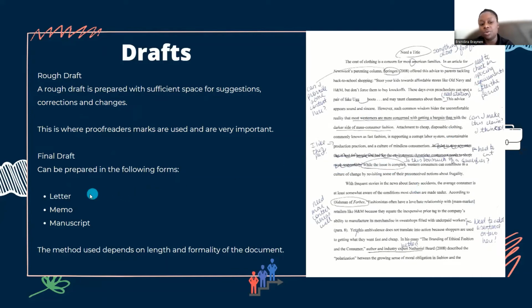And there are multiple ways to do a final draft. You could do it in the form of a letter, a memo, or a manuscript, which is just a completed copy of the entire document. The method used, of course, depends on the length and the formality of the document.